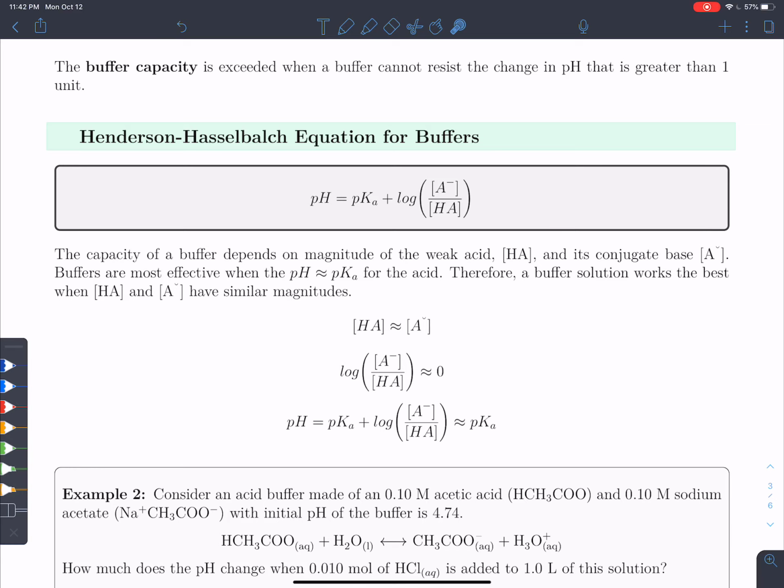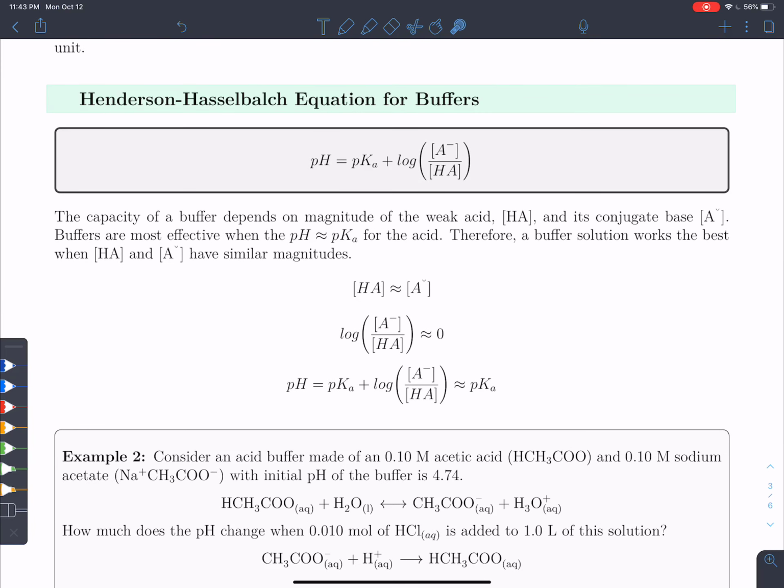We can also use the Henderson-Hasselbalch equation to calculate the pH of our buffers, right? So when we're looking at it, pH is equal to the pKa plus the log of the concentration of our conjugate base over the concentration of our conjugate acid.